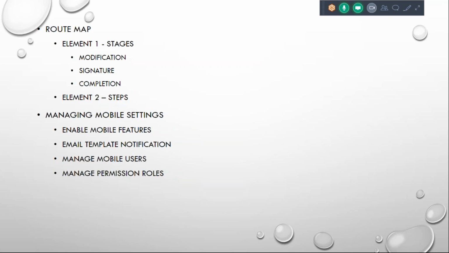In a route map, what will I be creating? I will say how many steps there are for a process to get completed. Then I will say who are all the people in each step and what they are supposed to do.